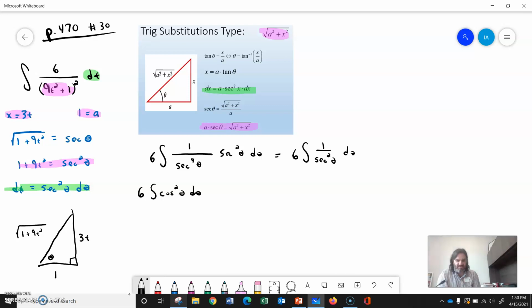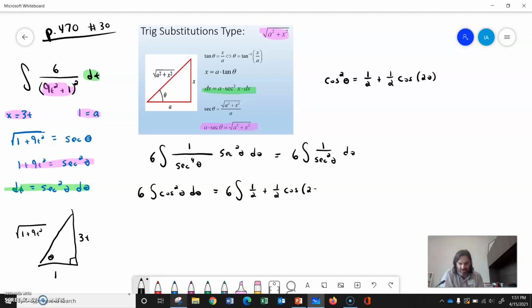Well, we remember an old formula: cosine squared of theta is 1/2 plus 1/2 cosine of 2 theta. Remember, we can reduce the power, but we increase the angle. So we'll have 6 times the integration of 1/2 plus 1/2 cosine of 2 theta d theta.